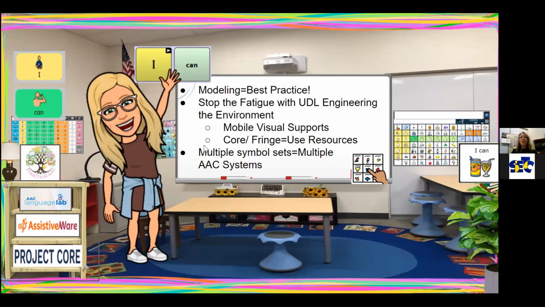Okay, so how do we do this? So we know, I'm going to show you here. Right now we have 4 different communication systems in our classroom. We have Unity and LAMP, both separate, but both PRC systems.